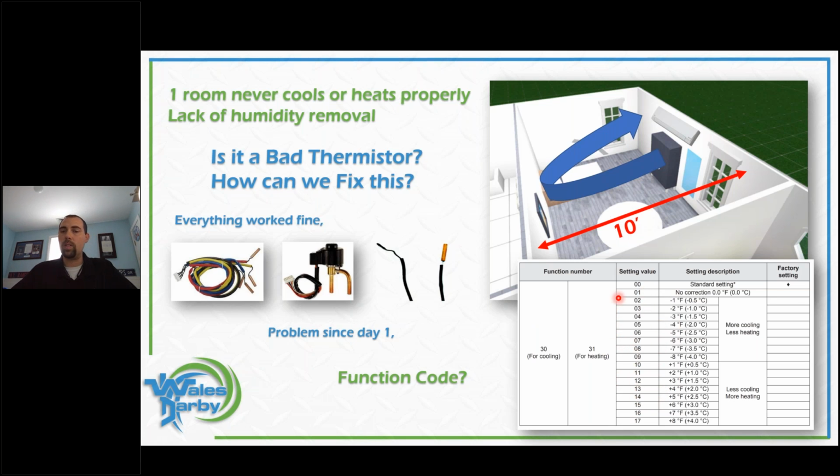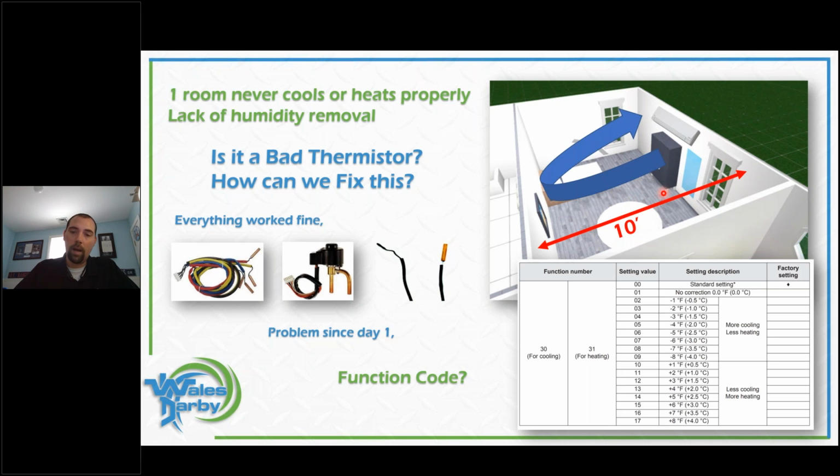They only have 2 or 3 settings, but they're basically settings in 4-degree increments, so it'll still get you to 8 degrees of correction. But I have the ability to drop a little bit lower. Maybe I need 6 degrees of correction. It'll keep this unit running a lot longer and remove the humidity out of that room. So that's definitely something to look at.